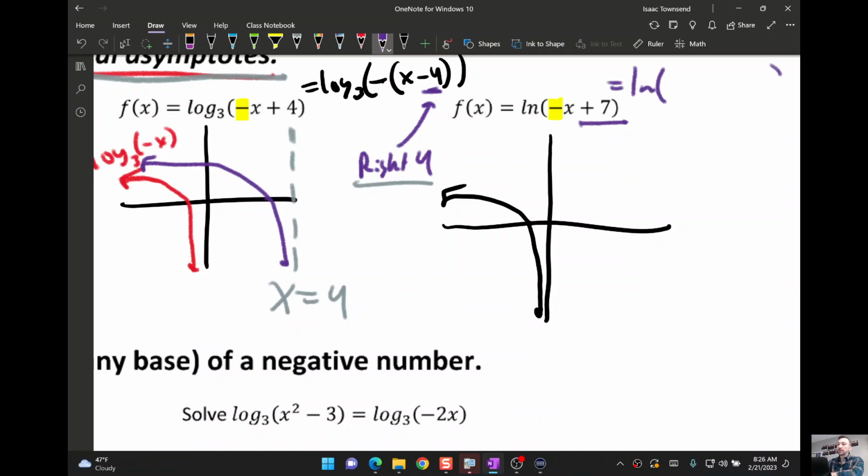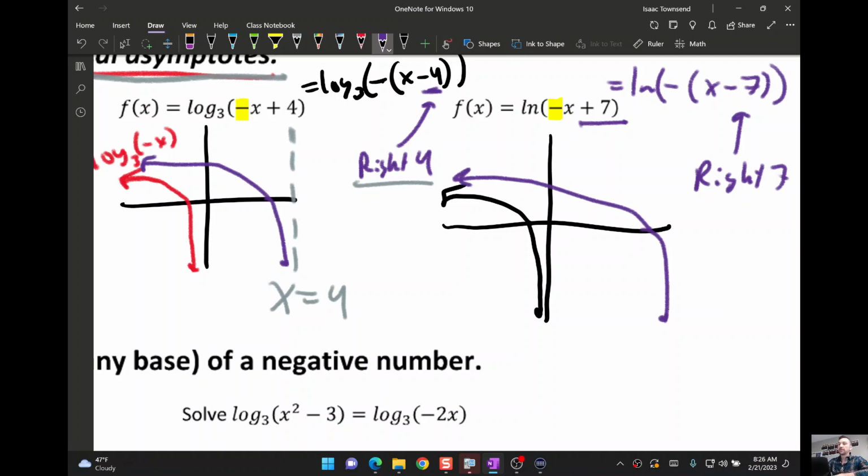You should probably write it out like this on your paper. The negative is really going to both of these, so this is actually right 7. So if its vertical asymptote was at x equals 0 and you shift it right 7, it's now at x equals 7.